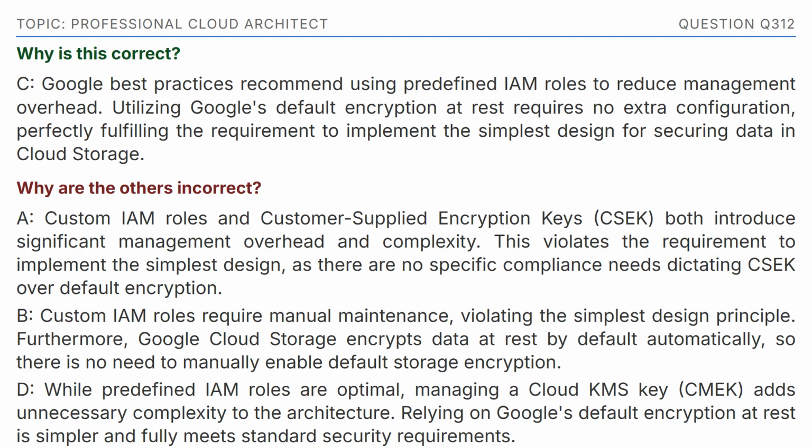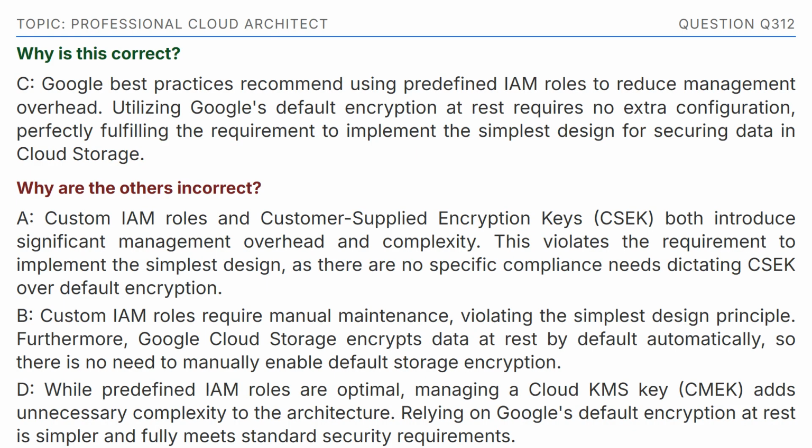A. Custom IAM roles and customer-supplied encryption keys, CSEK, both introduce significant management overhead and complexity. This violates the requirement to implement the simplest design, as there are no specific compliance needs dictating CSEK over default encryption. B. Custom IAM roles require manual maintenance, violating the simplest design principle.